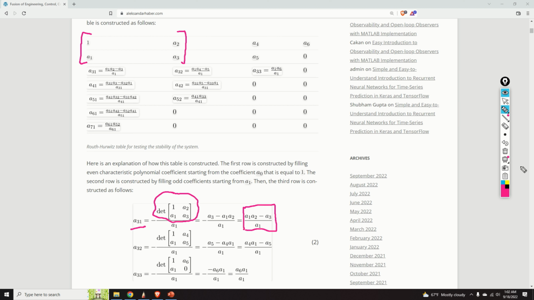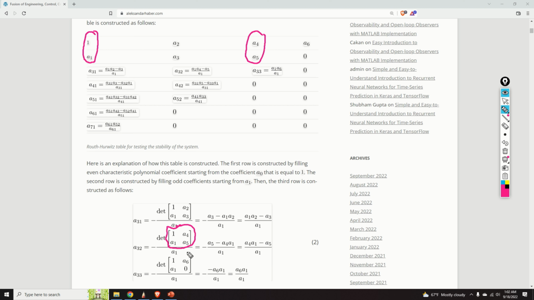Okay, so let us now compute the second coefficient in the third row, or actually the coefficient 3, 2, by using this approach. Again, we construct the matrix by taking these two terms and these two terms, and here's the matrix. Then we compute the determinant of this matrix and divide the result by A1 and place the minus sign, and again we obtain the identical A32.